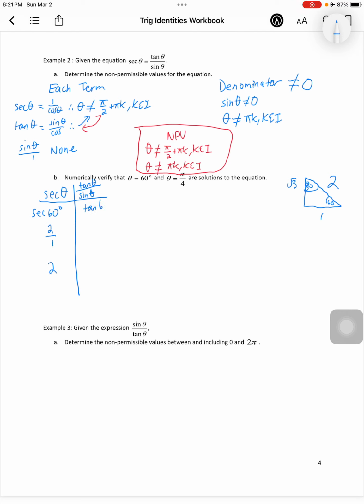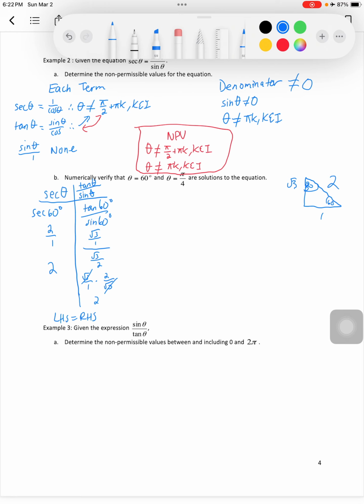And then tan 60 over sine 60 is the same thing as square root 3 over 1 divided by square root 3 over 2, which is the same thing as square root 3 over 1 times 2 over square root 3. The square root 3's cancel, and you're left with just 2. So here, we both get 2 as our final answer. That means the left-hand side equals the right-hand side.